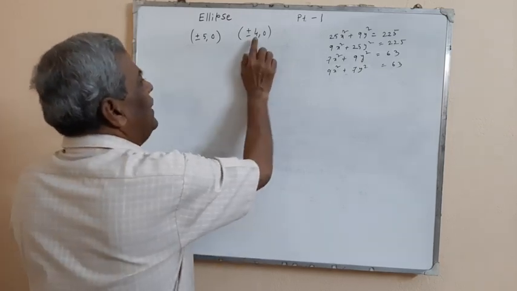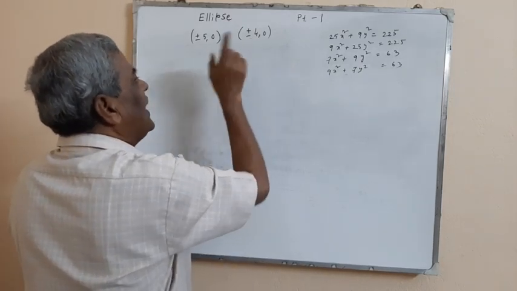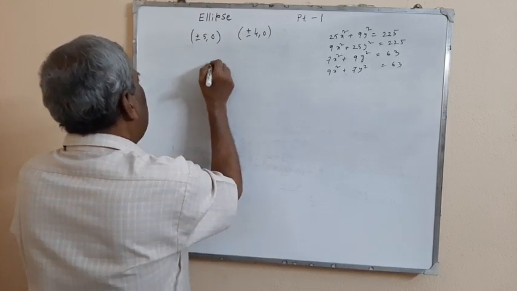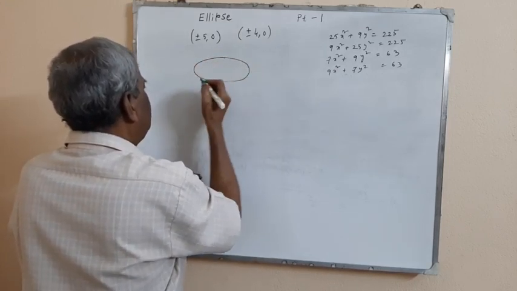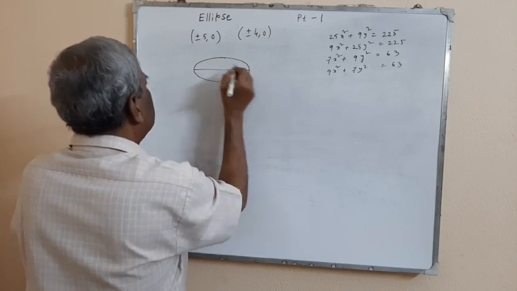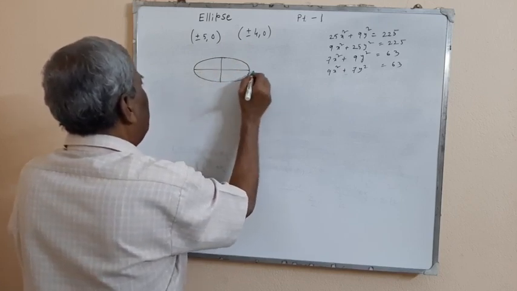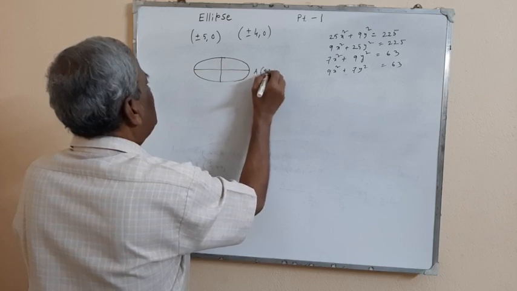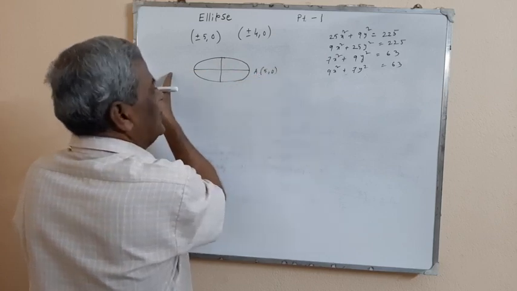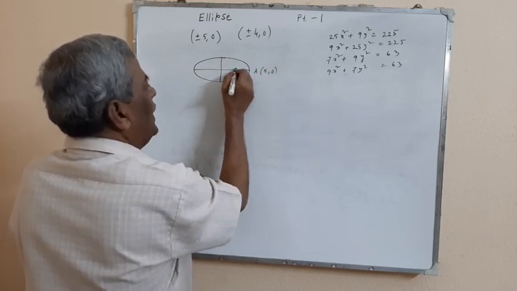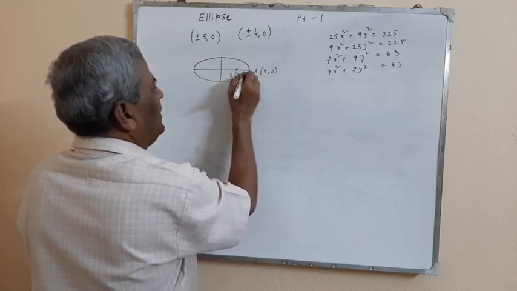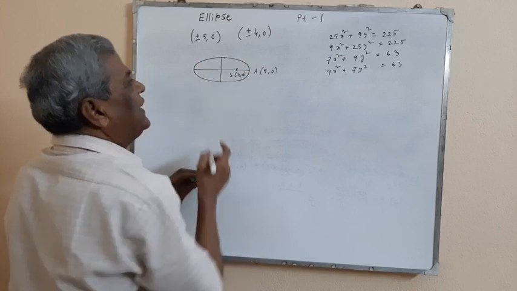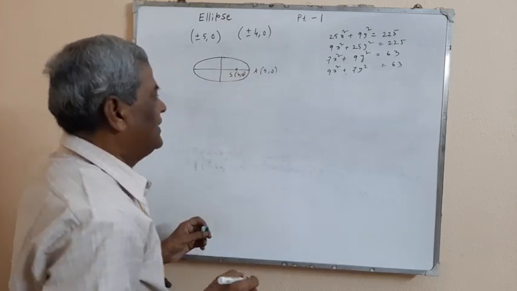So clearly the major axis is the x-axis, and its shape is of that type. The vertex is 5, 0, this is minus 5, 0. The focus is 4, 0 and the other focus is minus 4, 0.